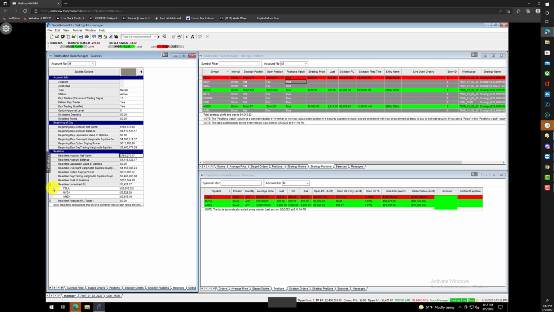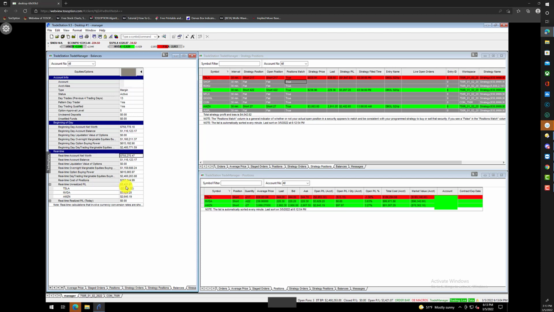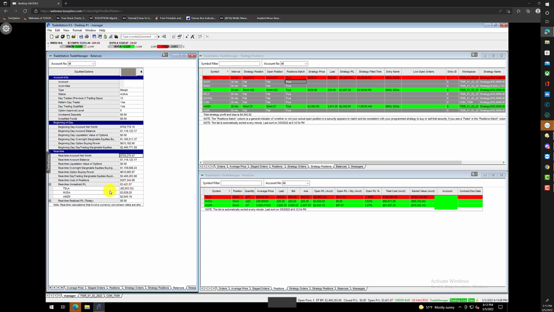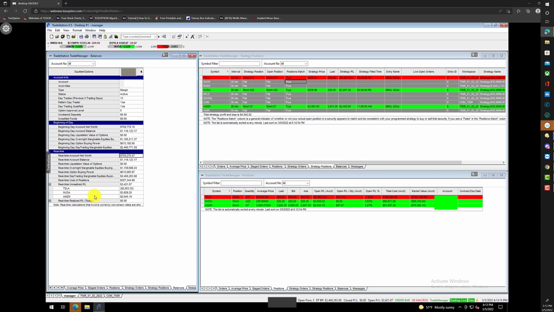And then when you move down here, the real-time unrealized P&L is the positions' profit and loss accumulated, and it's showing that it generated $3,421.07. When you go into the details, like micromanaging, you can see which positions made money and lost money.